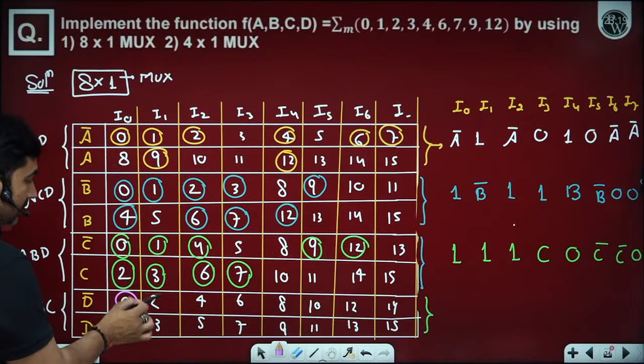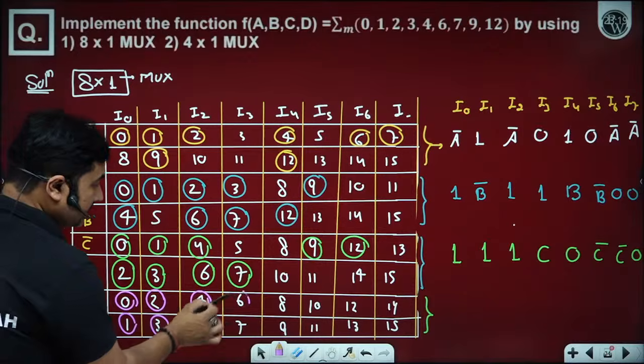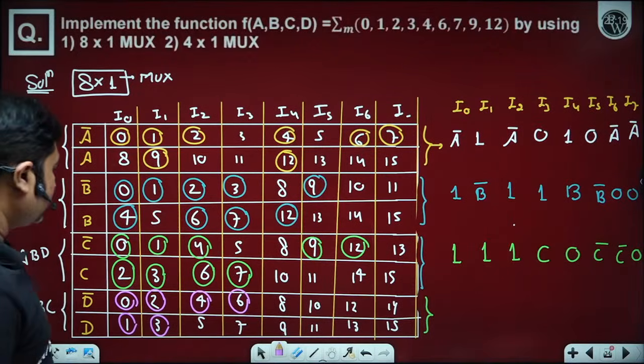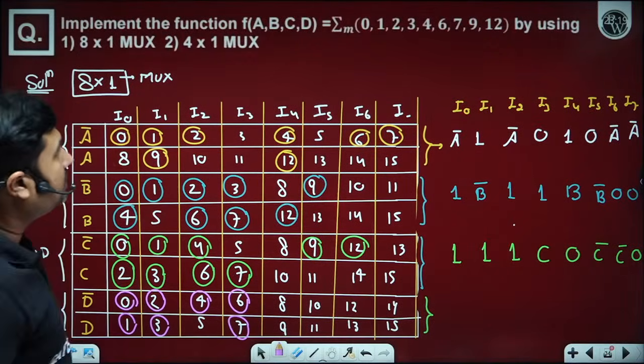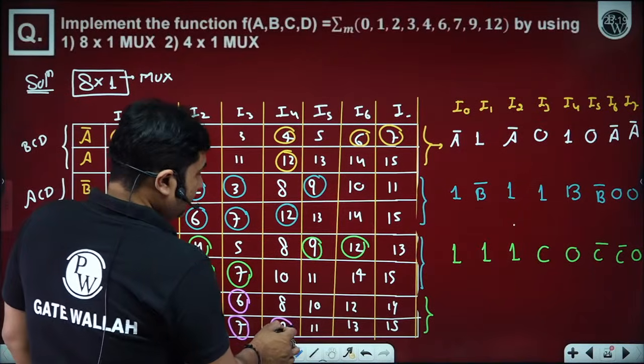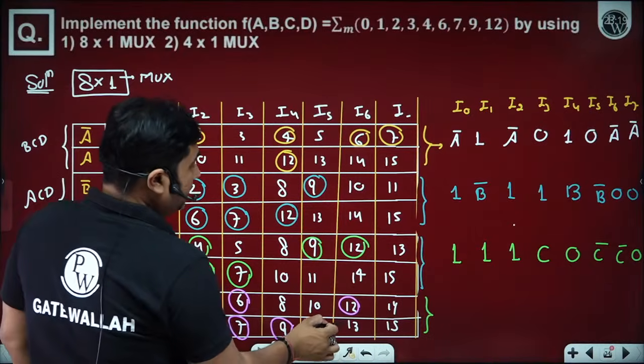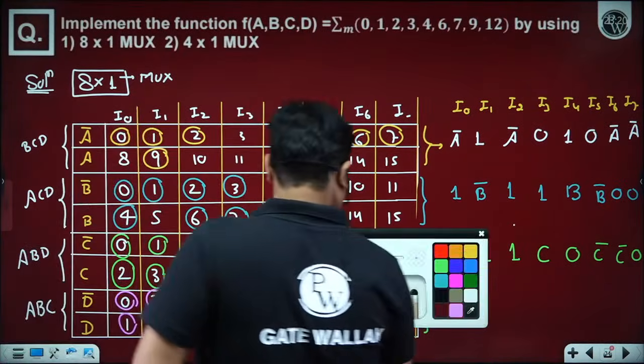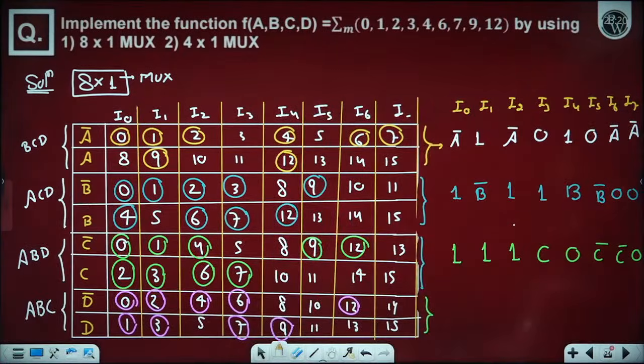0, 1, 2, 3, 4, 6, 7, 9, 12. Is it okay? 0, 1, 2, 3, 4.